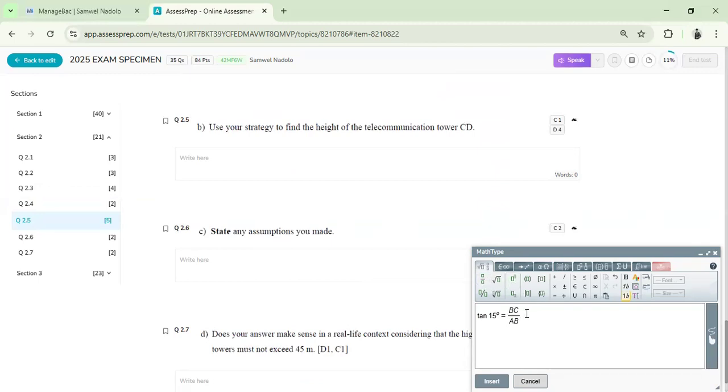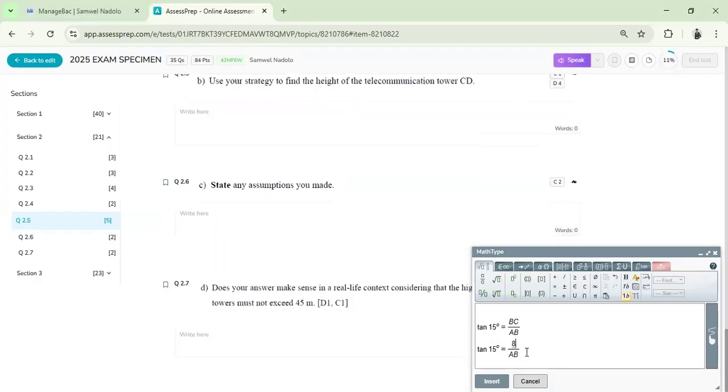Now you can copy it and paste it down here. So BC is 8 over AB. So how do we calculate AB? You will cross multiply: AB times tan 15 degrees is equal to 8.